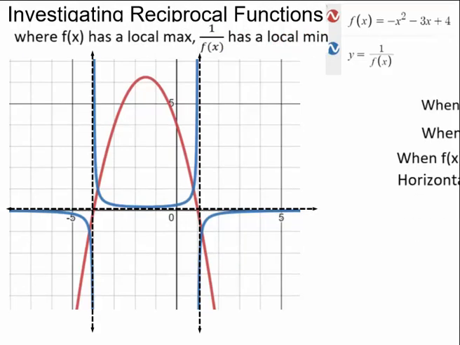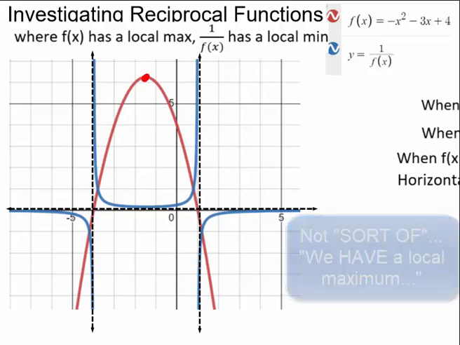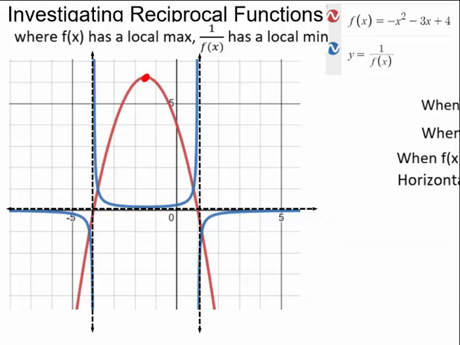And then last key point for this side anyways, what happens where we have local maximums and local minimums. Well, we have a local maximum here on our parabola. And of course, that means that's the biggest number in this section of the graph.